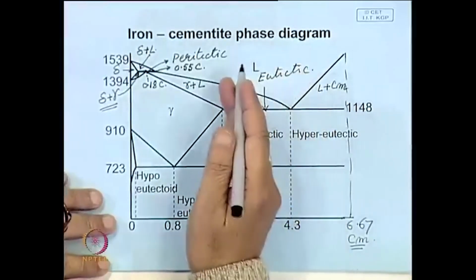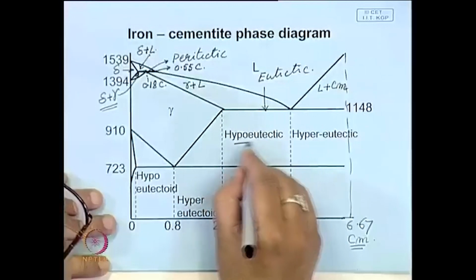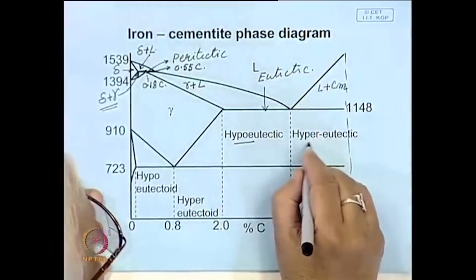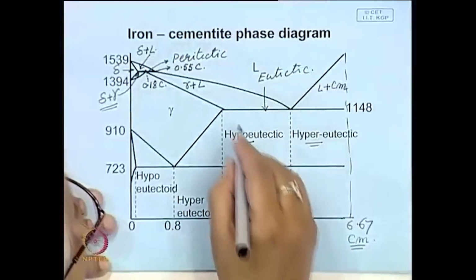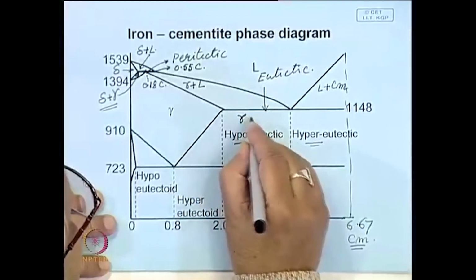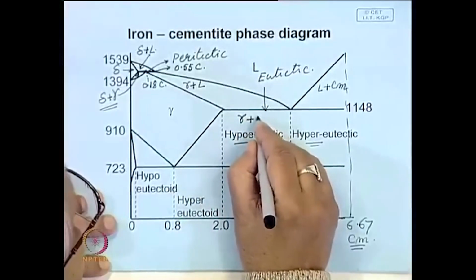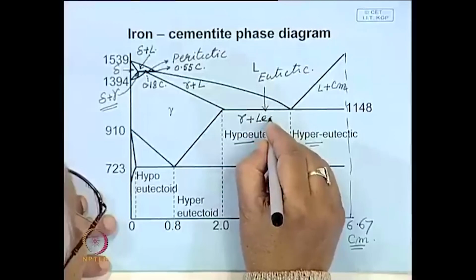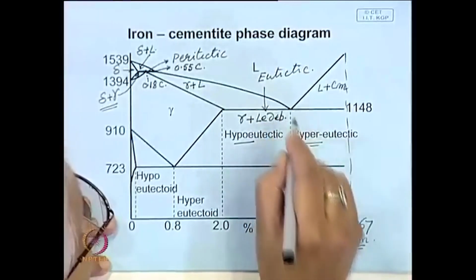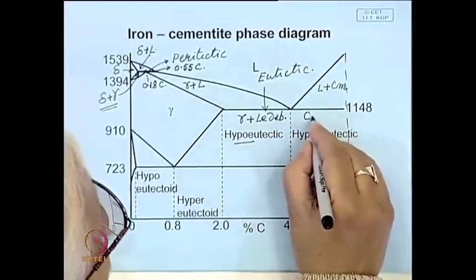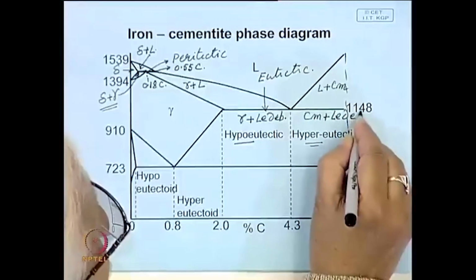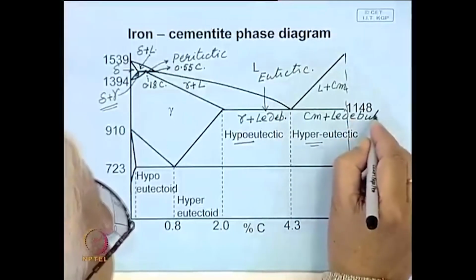On the left hand side of the eutectic, that alloy is called hypoeutectic. On the right hand side of the eutectic composition, the alloy is called hypereutectic. So, in this part your structure will be gamma plus eutectic. This eutectic is known as ledeburite, and on this side you will have primary cementite plus ledeburite, that is eutectic.